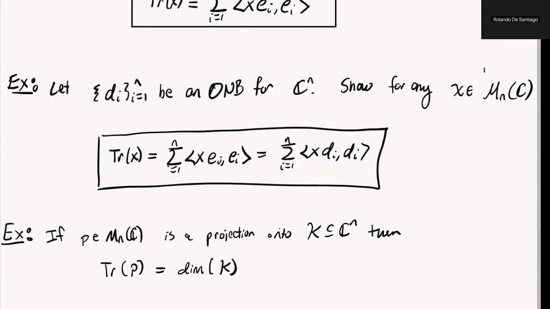And a similar exercise: let's say you take a projection onto some subspace of Cn. Let's make sure that's a projection here means orthogonal projection. Then the trace of that projection is the same thing as the dimension of the space onto which it projects. Well, this is not too hard to verify.